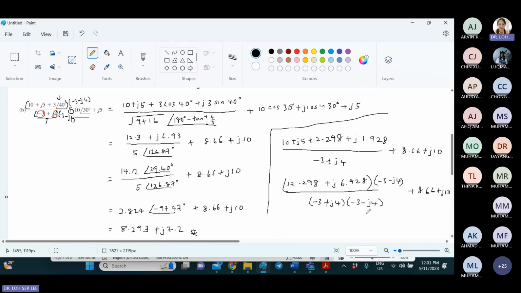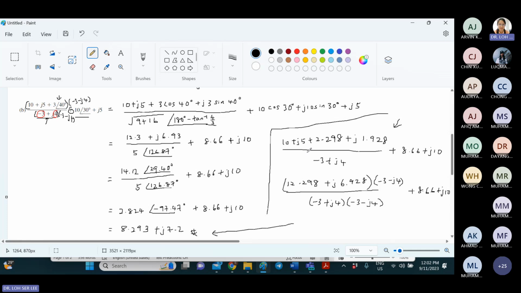So you have to expand, then finally you will get this. Oh, okay. For this question, I think this one is easier because these are integers. When it is integer, it looks simpler.